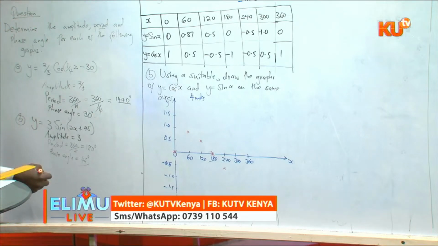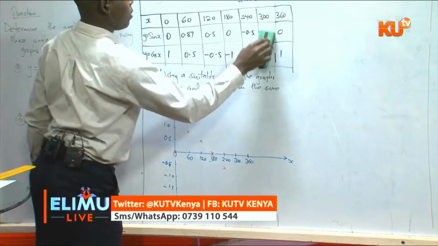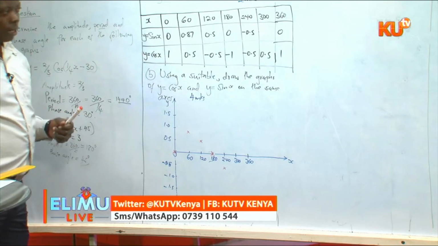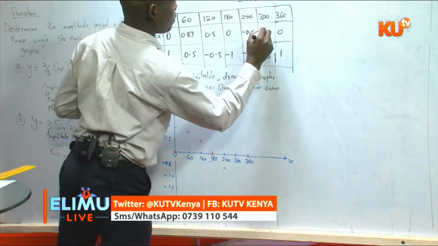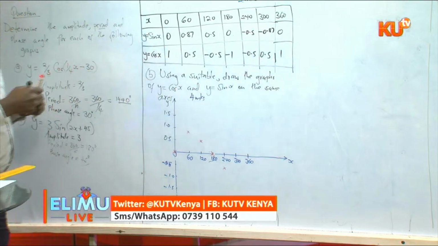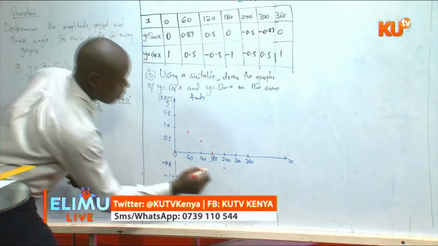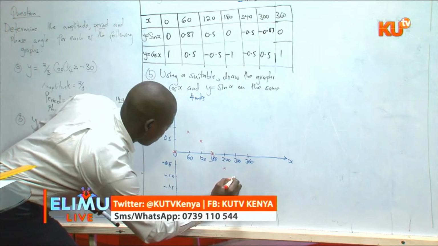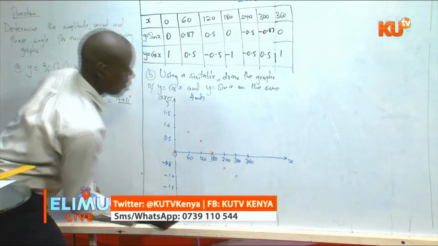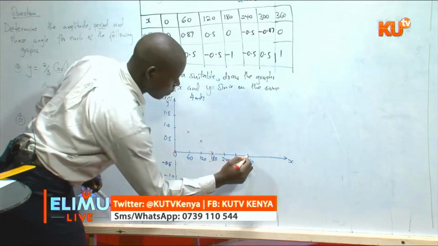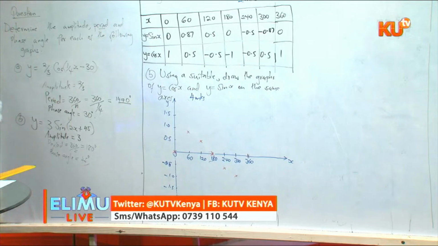300, negative 0.87. That should be negative 0.87. Then 360 is 0. So those are the points we've marked on our graph.